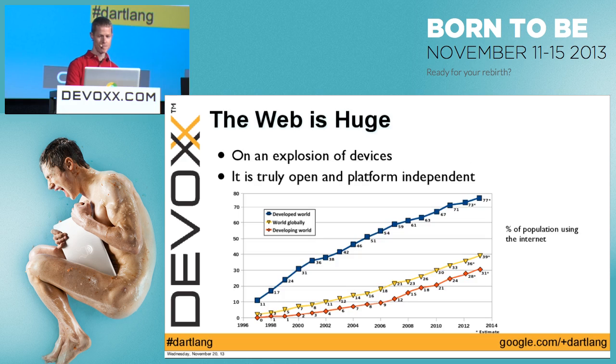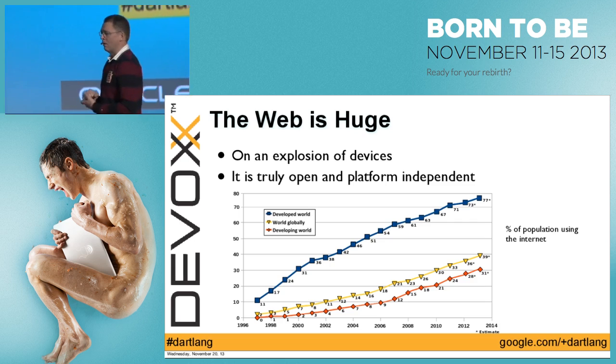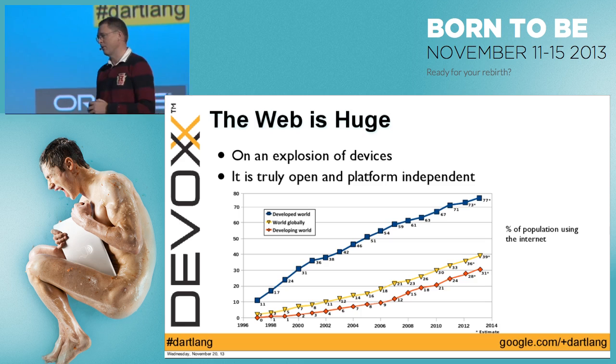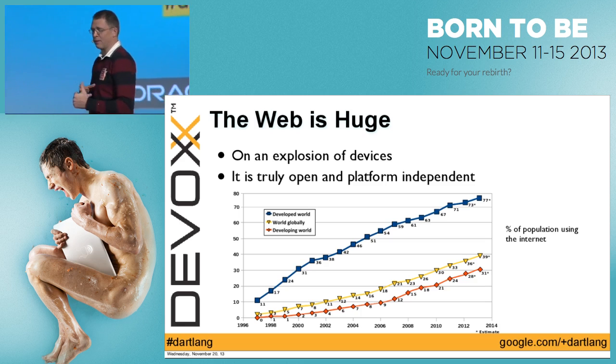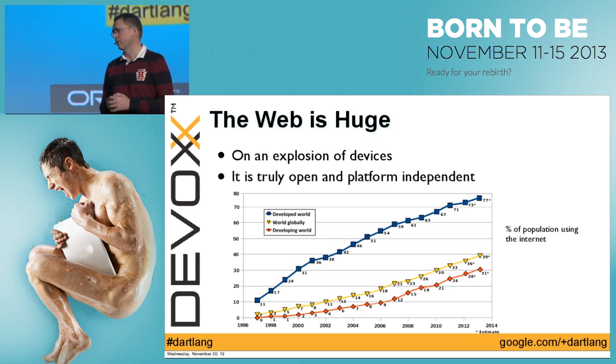Here's a graph that shows you how big the web is and how it has increased over time. I would expect that in a few years more than 90% of the population will be using the web. It's amazing. You access it from your smartphone, from your tablet or your desktop, but it's all web-based.